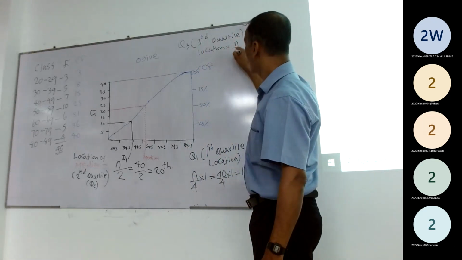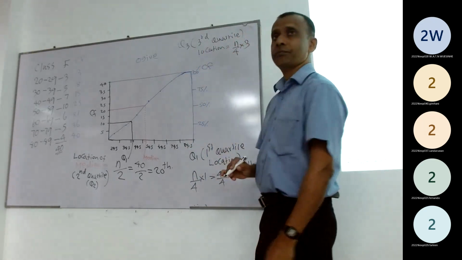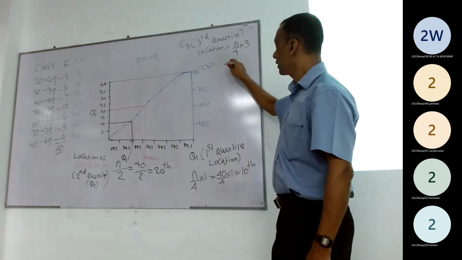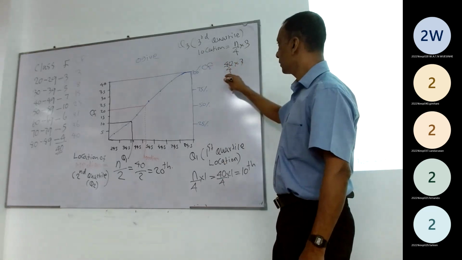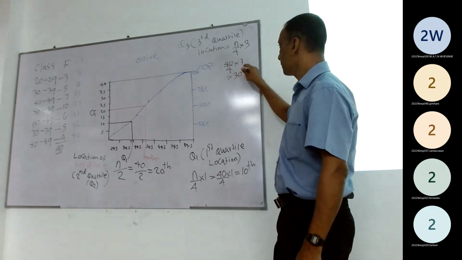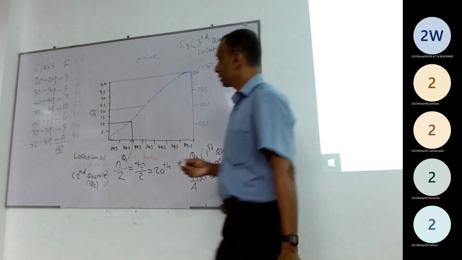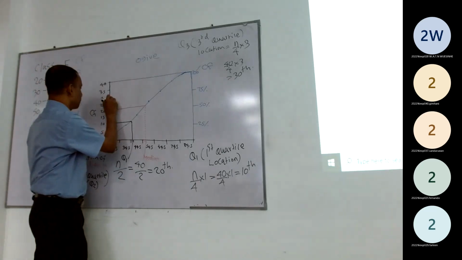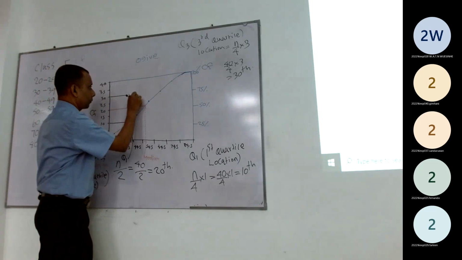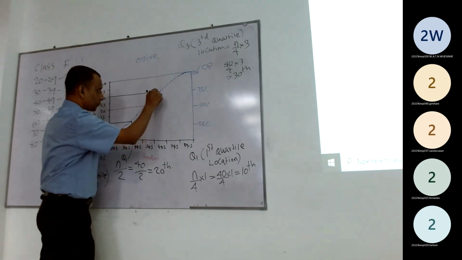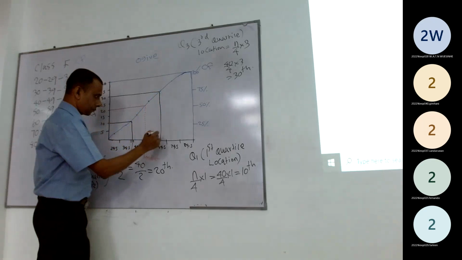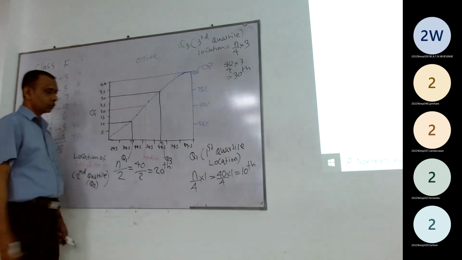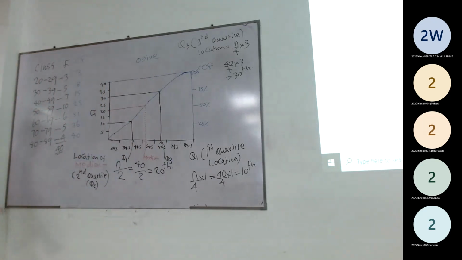Right, n over 4 multiplied by 3. 40 divided by 4 multiplied by 3, answer is the 30th. From the 30th you take again this, which is your Q3, the third quartile.